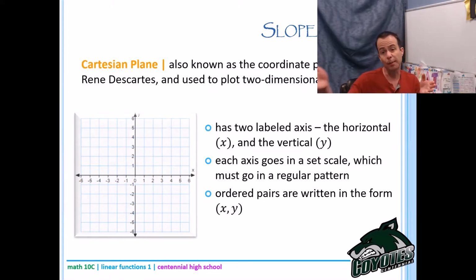The x's could go up by 2s as a scale, and the y's could go up by 100s as a scale. But whatever it is, there has to be set increments, okay? So there has to be some sort of a grid that's formed, and each line in the grid has to be an equal amount apart from each other. And then ordered pairs are written in the form x comma y, okay?